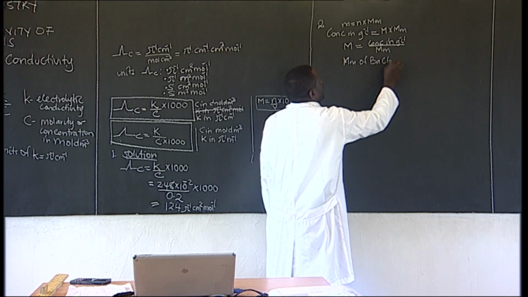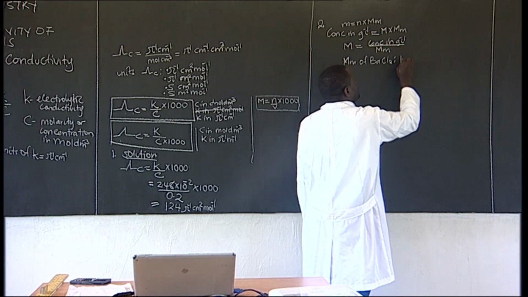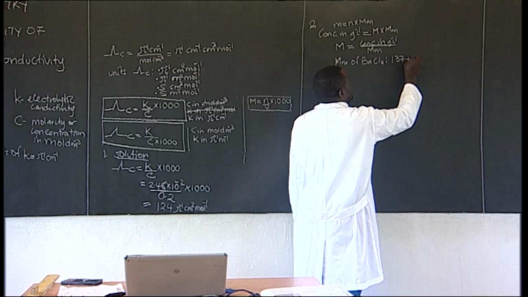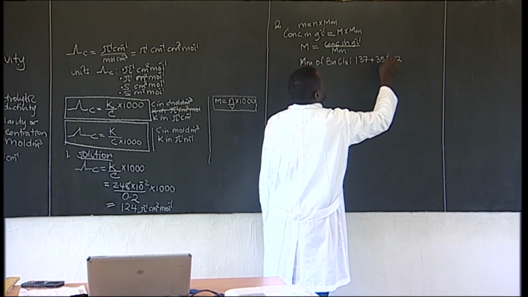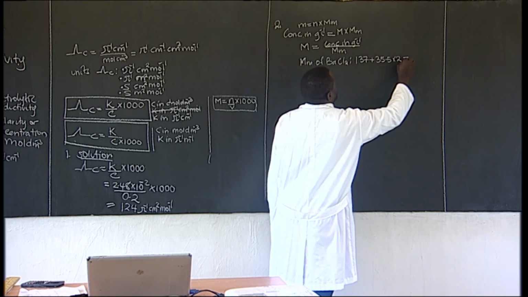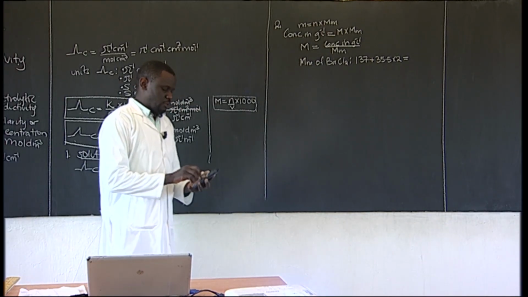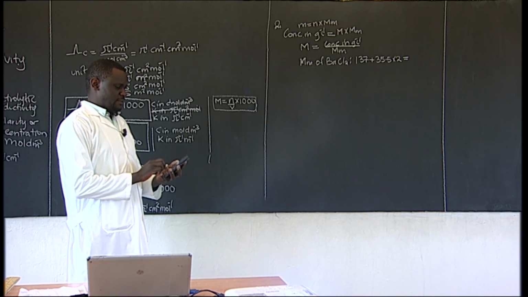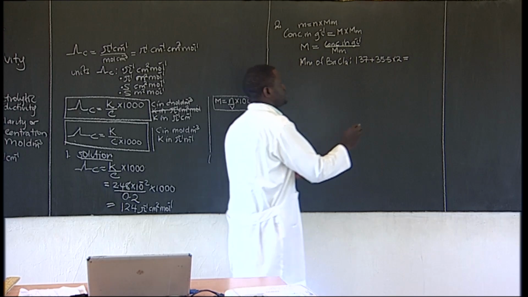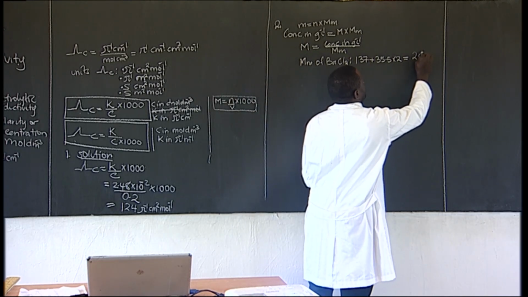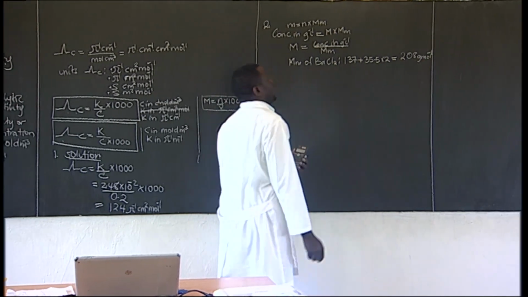Barium is 137, and chlorine is 35.5 times 2. So what will be the molar mass? We can use a calculator, or we can use our head. 137 plus 35.5 times 2. So our answer will be 208 gram per mole.